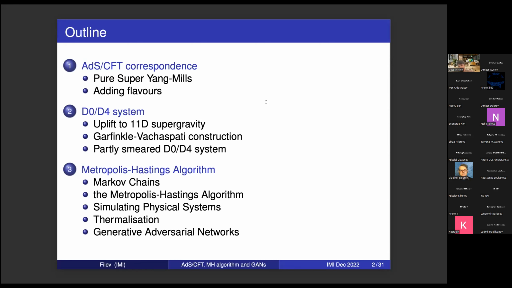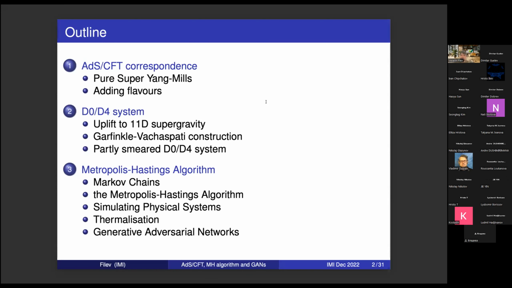But simulating it in the context of the large N limit, where the AdS CFT correspondence works, requires very large size matrices. And there is a well-known problem with this kind of simulations, that it takes a lot of time for the system to thermalize. So that's why I'm going to clarify the Metropolis-Hastings algorithm.